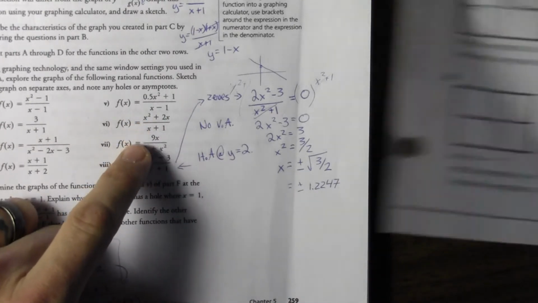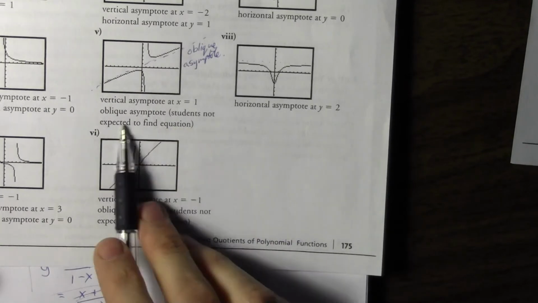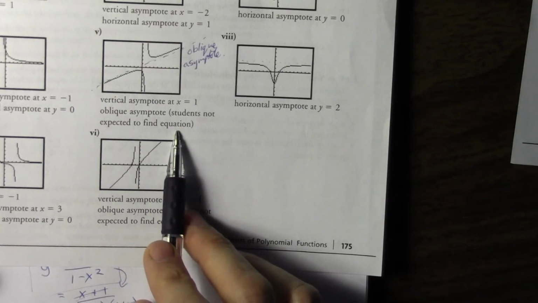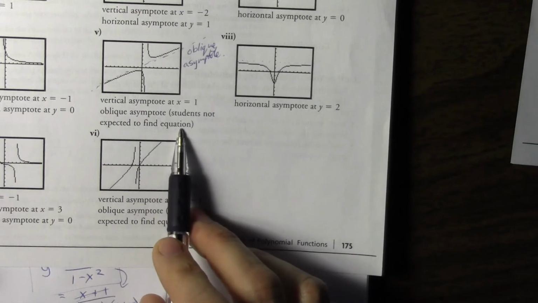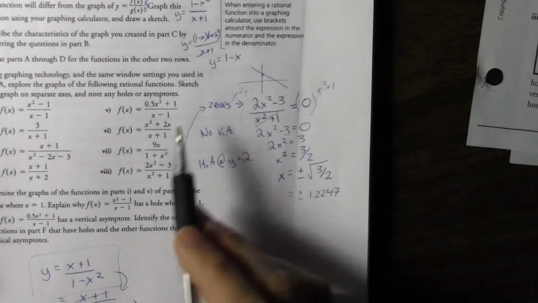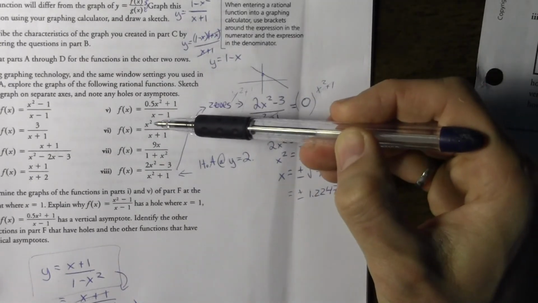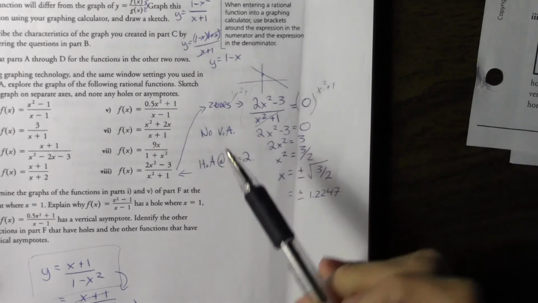So it says here, for the purpose of this chapter, students not expected to find equation. Not yet. Okay, we will learn later in the textbook how to find the oblique asymptote equations, but for now, we're not going to learn the equation. All we need to know is that when the degree is higher in the numerator than it is in the denominator, you're going to get an oblique asymptote.